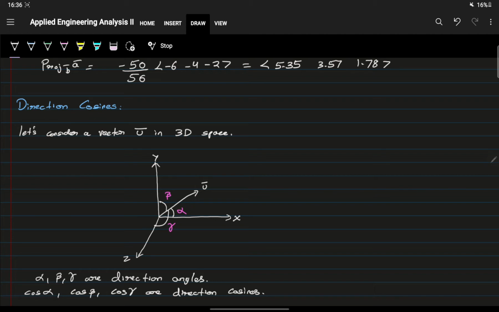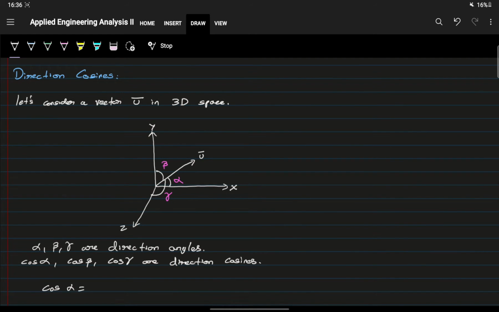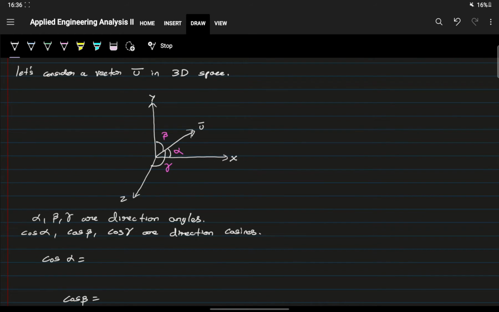So now let's talk about some direction cosines. Let's consider a vector u in the three-dimensional space provided by this diagram. The vector makes an angle with each principal axis. Let us consider that the vector u makes an angle alpha with the x-axis, beta with the y-axis, and gamma with the z-axis.